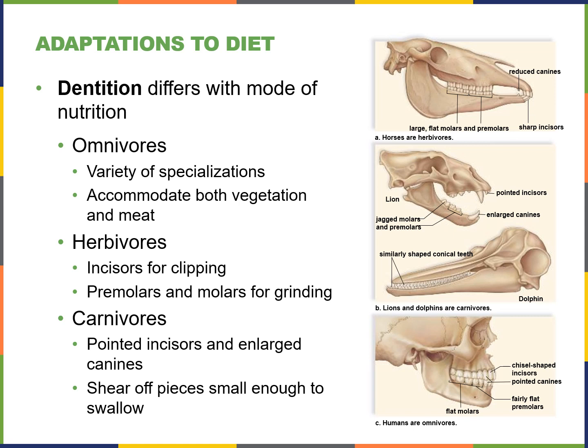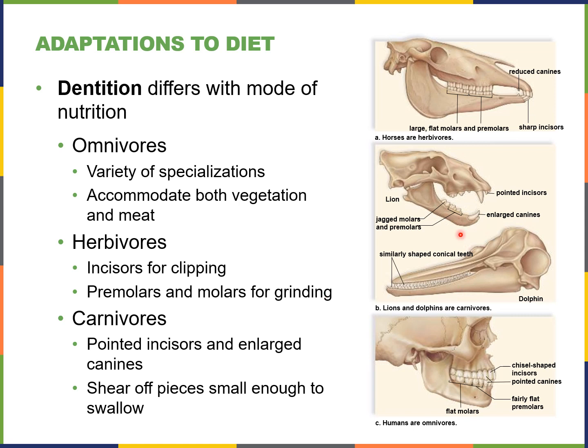And as far as how we adapt to our diet, dentition offers a good part of that. So if you're an omnivore, you're going to have different teeth that aren't necessarily used for ripping things apart, but they could. You could have some sharper ones, like our incisors up here that you have for clipping, and then you have some premolars and molars for grinding.